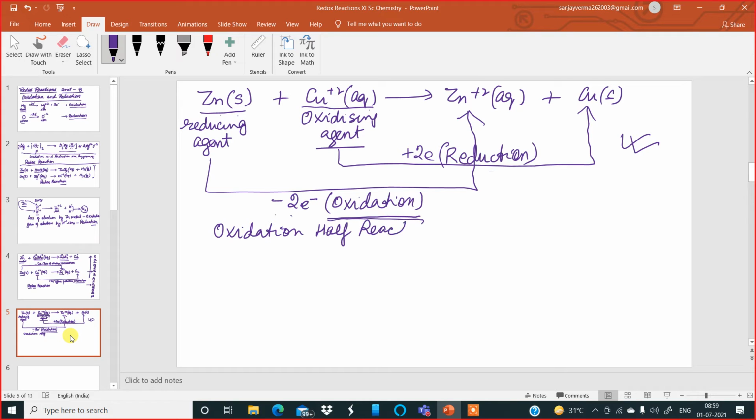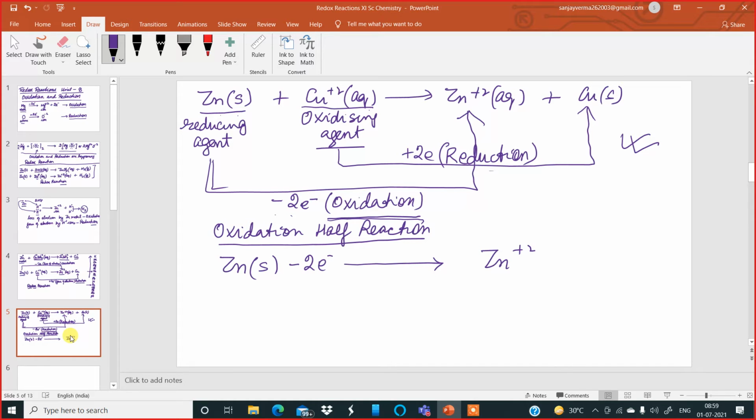Which is the oxidation half reaction? This part. This oxidation half reaction for the above reaction can be written like this: Zn arrow Zn2+, and here I can put the electrons, plus 2 electrons. This is the oxidation half reaction.